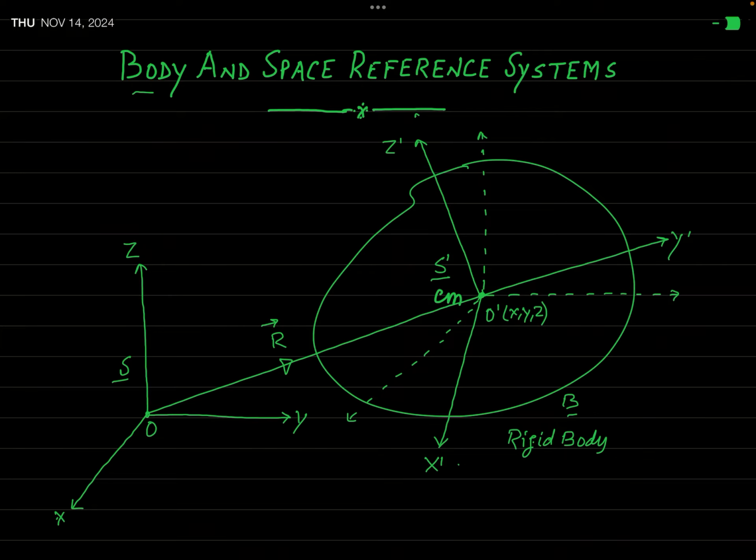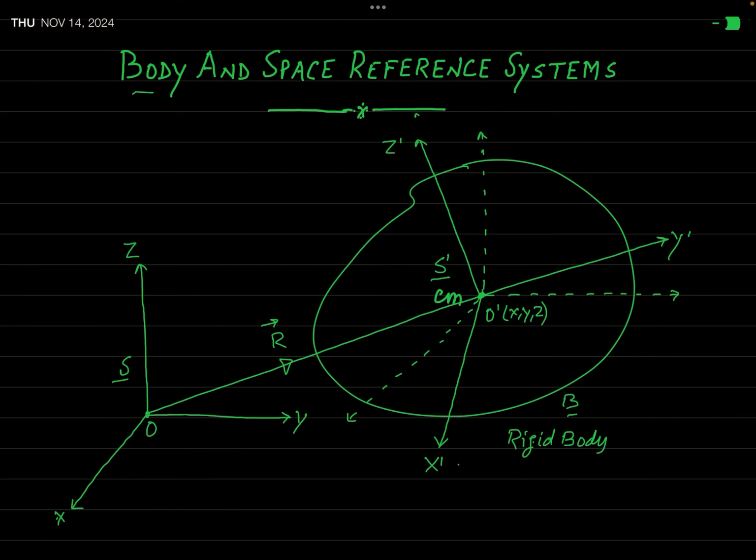Now, the origin of the body reference frame S prime has been taken at the point O prime. Generally, the origin of the body coordinate system is taken at the center of mass of the rigid body.